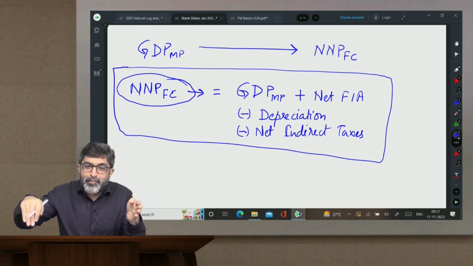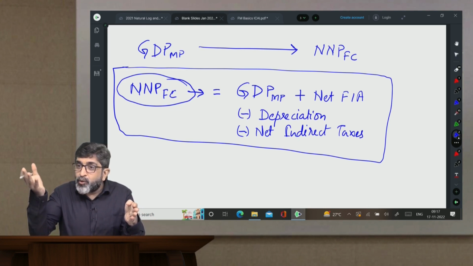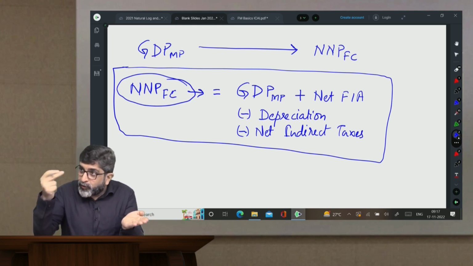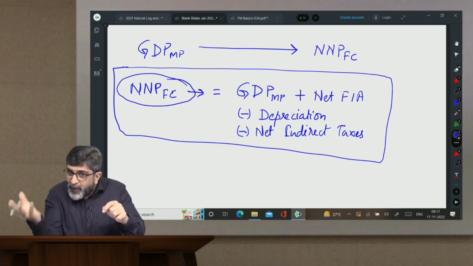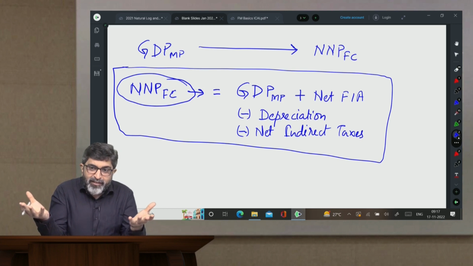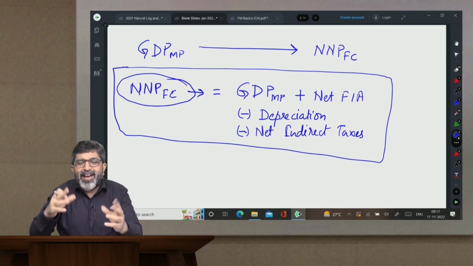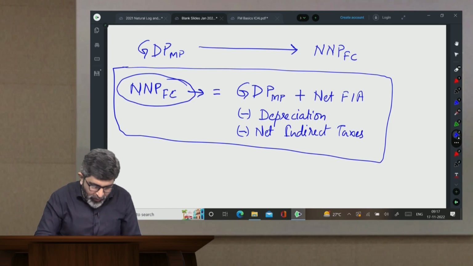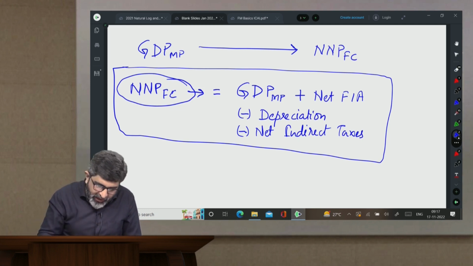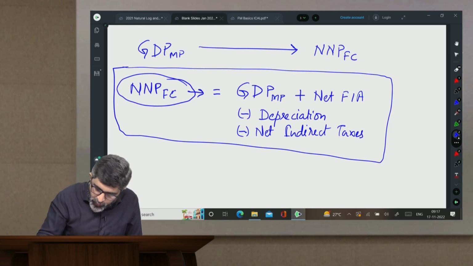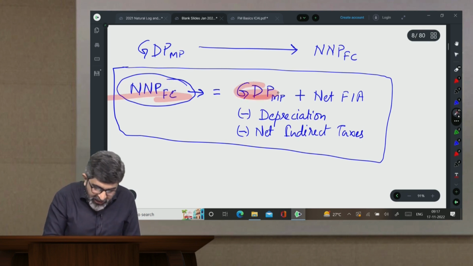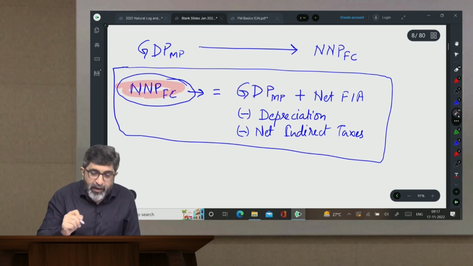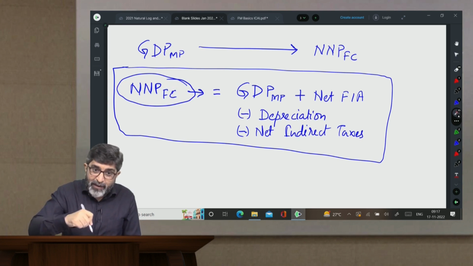So first you add depreciation, then convert national to domestic, so subtract the net factor income from abroad, and convert the factor cost base to market price base, so add net indirect taxes. So if I give you that form of equation, it will be basically to determine GDP at market price from NNP at factor cost.